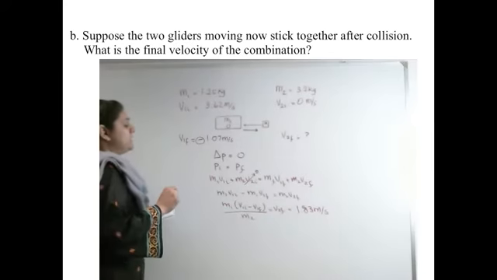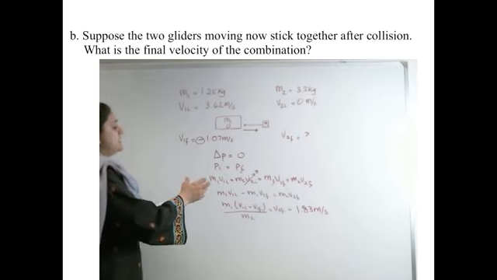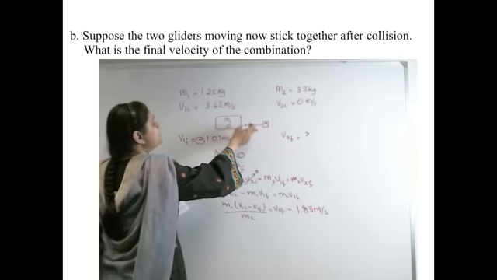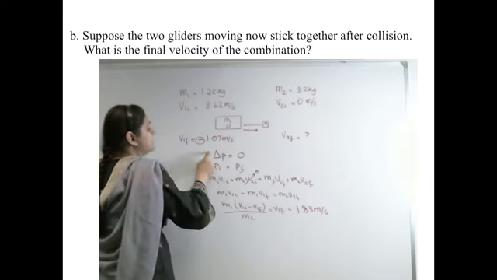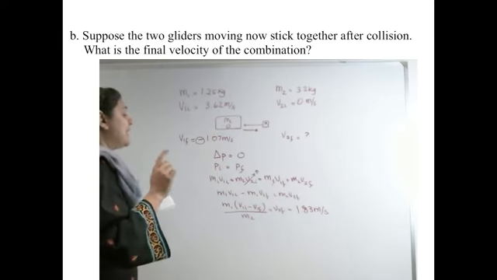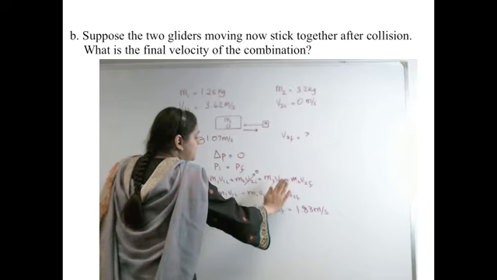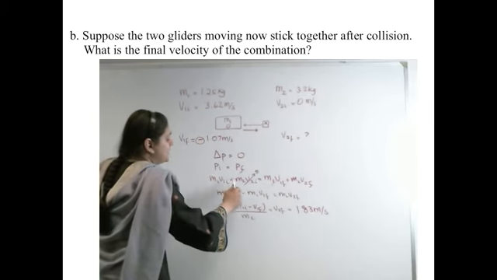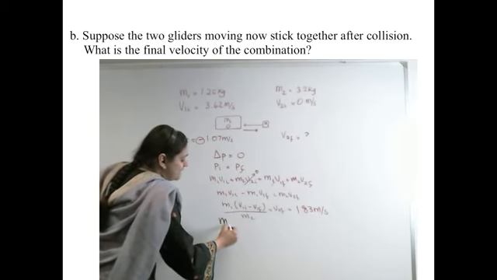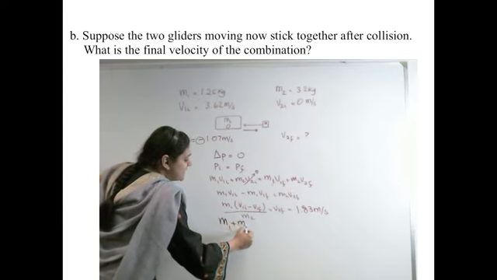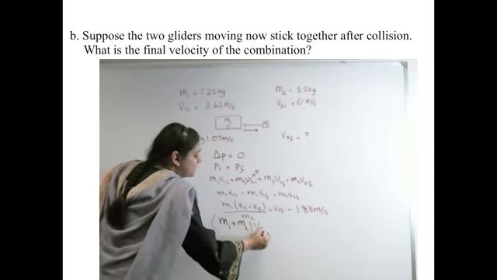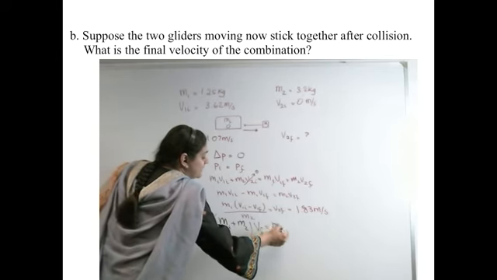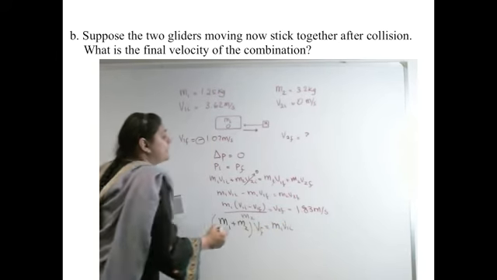So now in part B, it is basically telling me that the two will stick together after the collision. So when they stick together, this will remain exactly the same. However, from here on out, instead of having m1 and m2 be separate, I will have m1 plus m2 as a final velocity. v final equals m1 v1i.